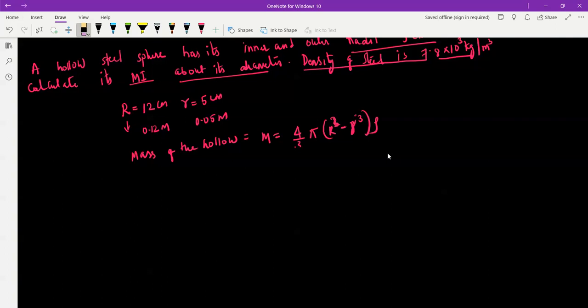So the moment of inertia of a hollow sphere.